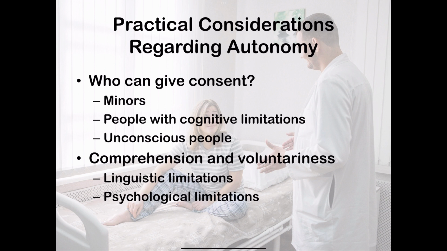In those cases, they're going to be limited in their capacity to give true consent. This may be particularly difficult in the cases where the patient refuses treatment. And we're going to say more about this when we discuss involuntary treatment.